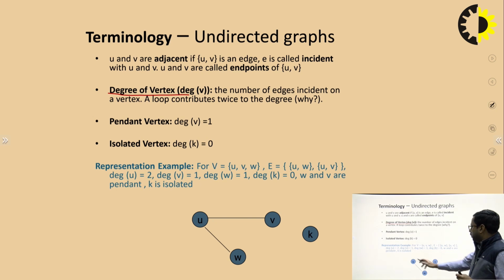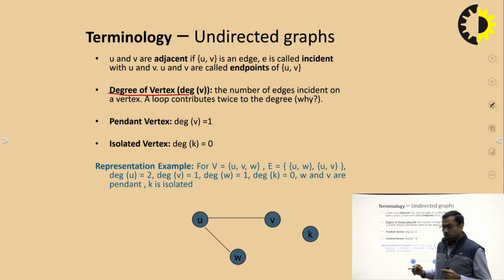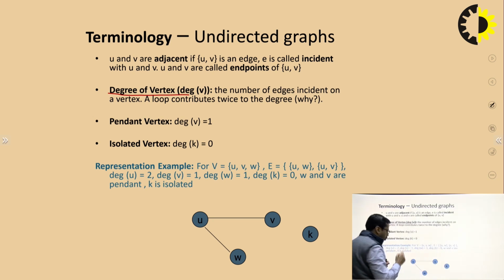Let's suppose that the vertex u is connected with the two vertices v and w. So for u, the degree d(u) will be 2, because two vertices are directly connected with u.